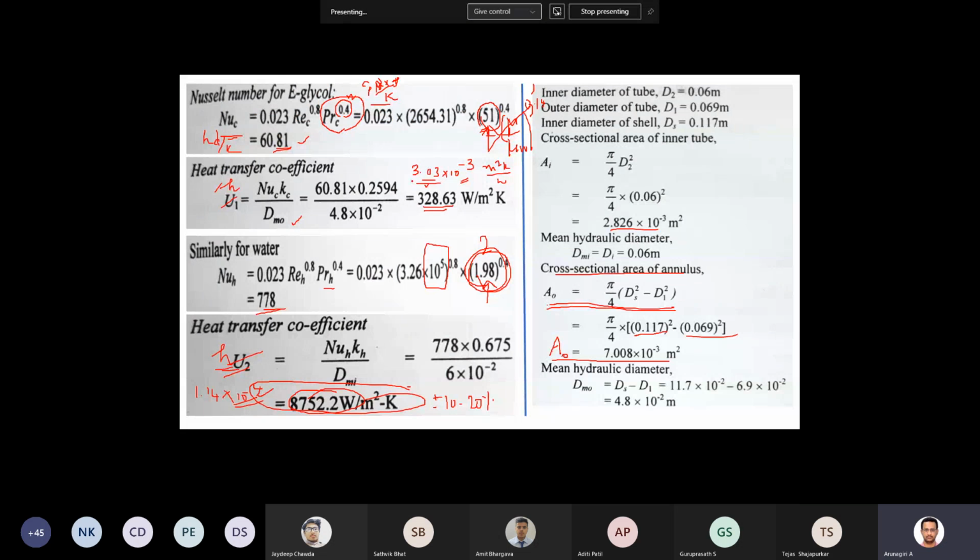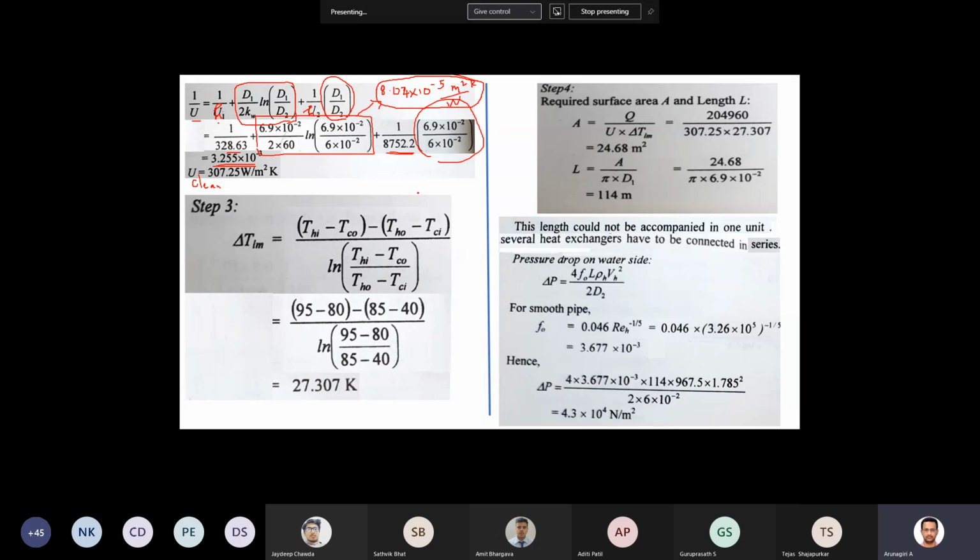So here you have calculated the heat transfer coefficient. So you can say 6.9 divided by 6 divided by 8752.2. So this is 1.313 into 10 power minus 4.